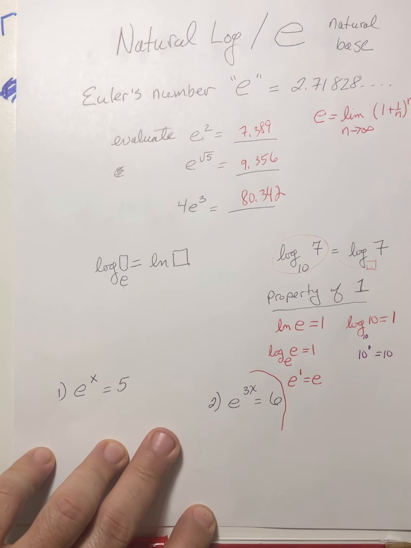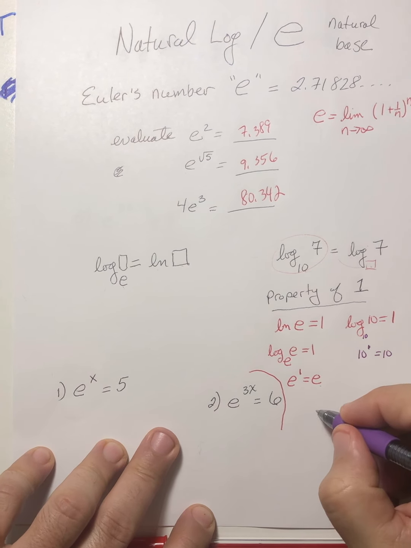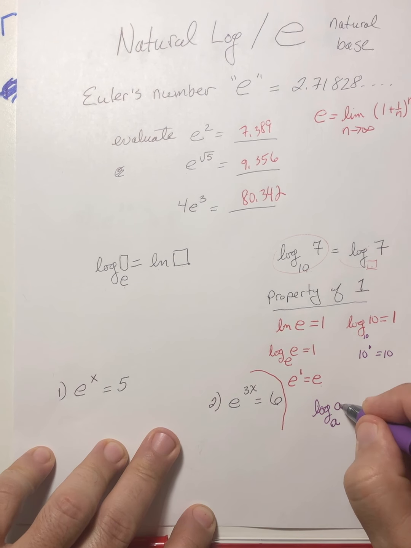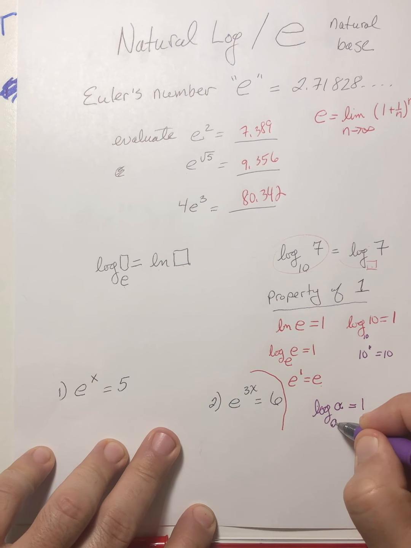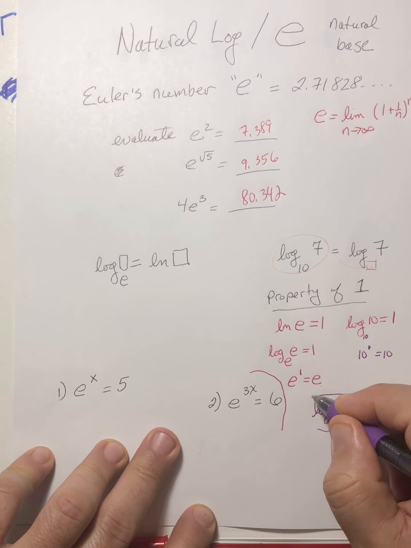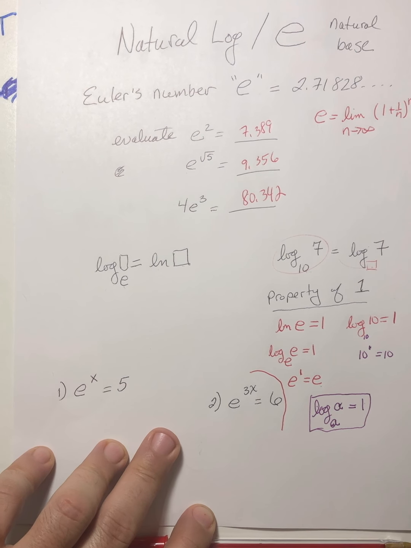In other words, log base a of a, for any number, I'll pick my favorite letter a, is equal to 1. As long as your base and the number are exactly the same, it always equals 1. So that's your property of 1 rule.